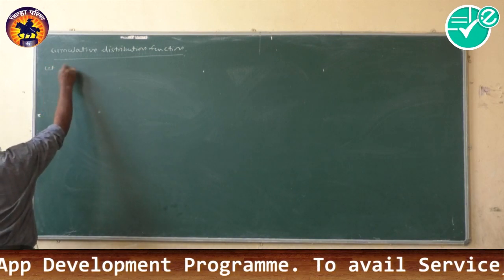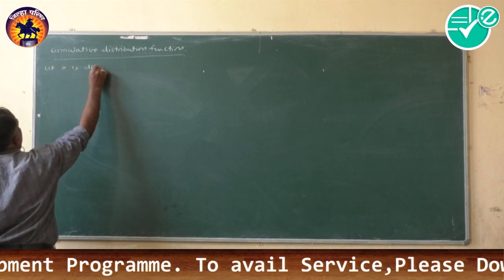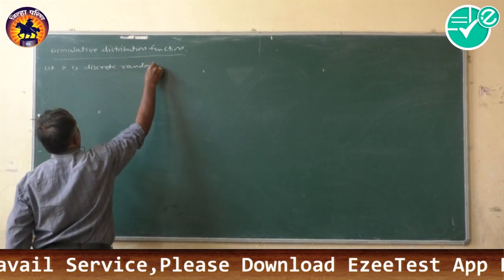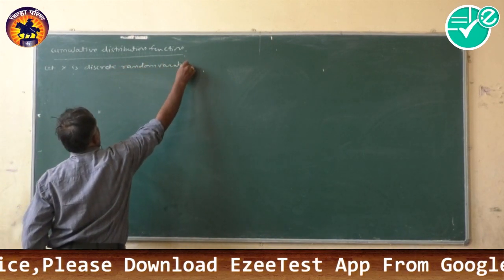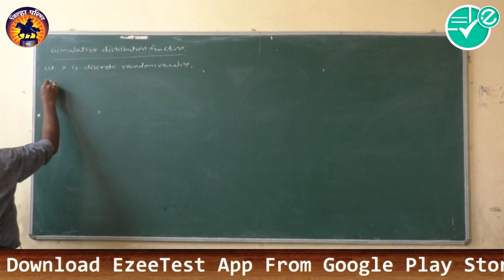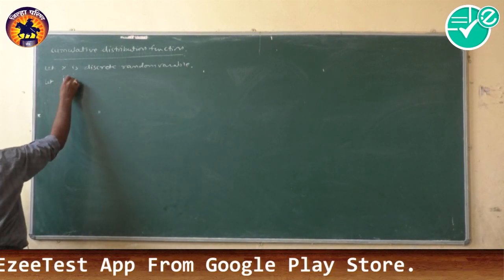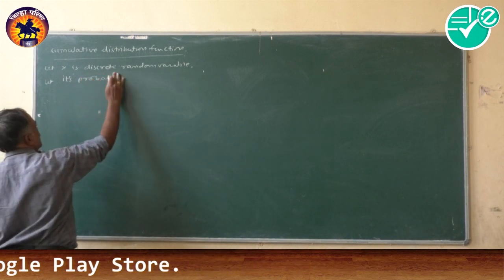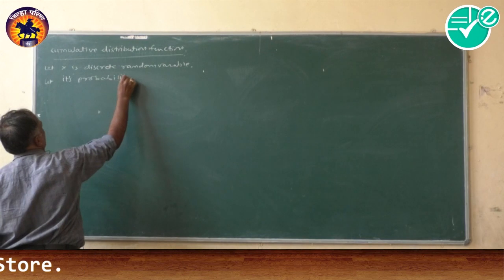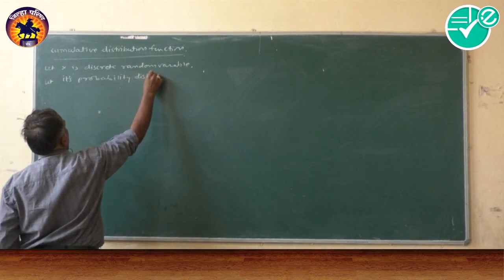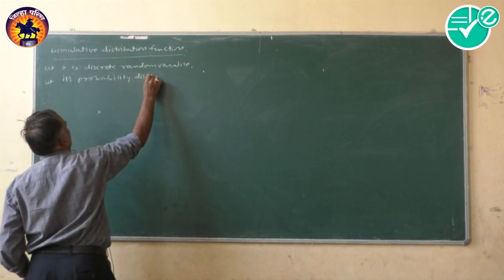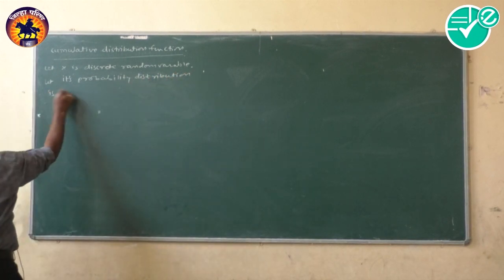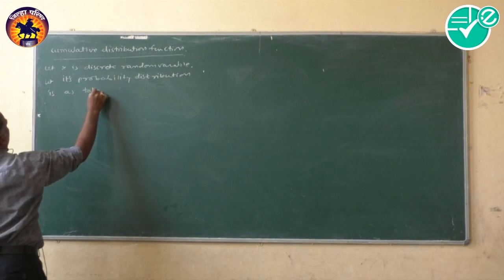Let capital X be a discrete random variable. Let its probability distribution be as follows.